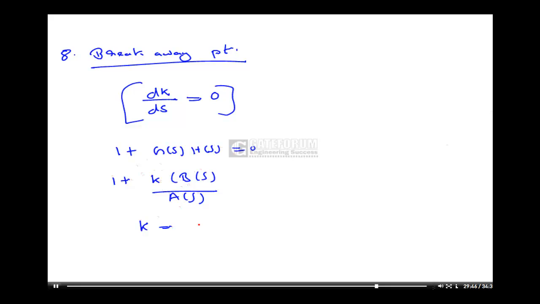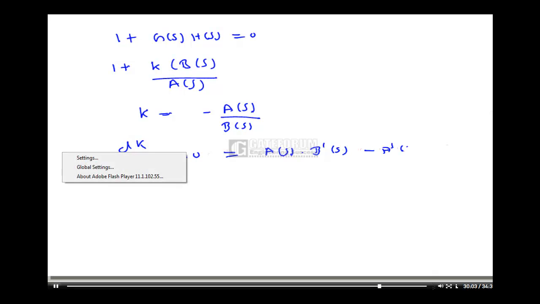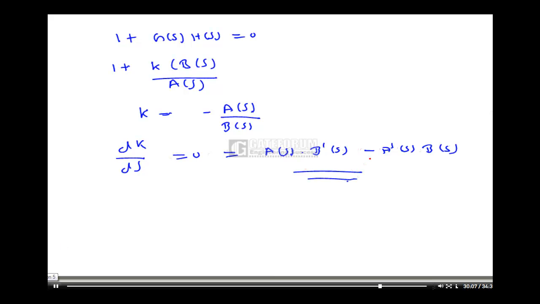So my K will be minus A(s)/B(s). Finding dK/ds out of this and equating it to 0, I will get A(s)B'(s) minus A'(s)B(s) equal to 0. Solve this equation for the value of s. Those values of s will give me the breakaway points.